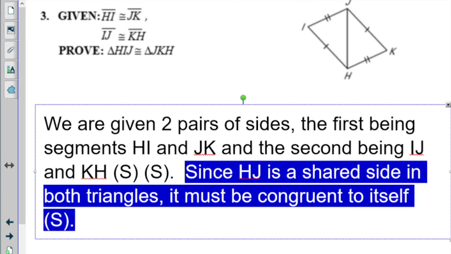H to J matches up with what? J to H. Or you can say, which is what I said, that H to J is congruent to itself. That is also communicating the pair of sides, H to J and itself. That's the side that it matches up with. It matches up with itself. So that is what is true, why it's true.